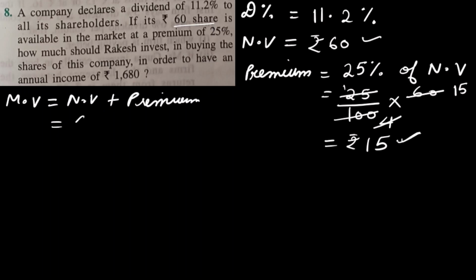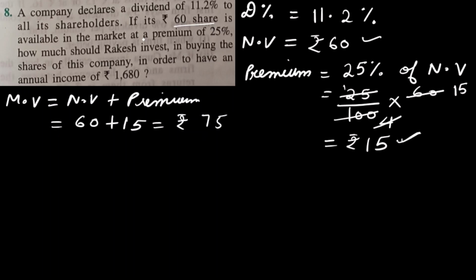Now nominal value is 60, plus premium 15, so market value is equal to 75 rupees. Whenever premium or discount is there, it's better to find market value immediately.